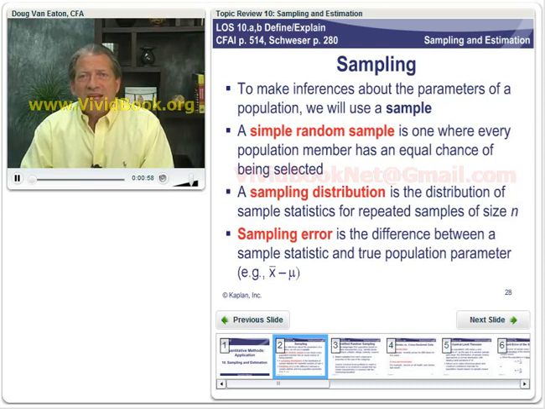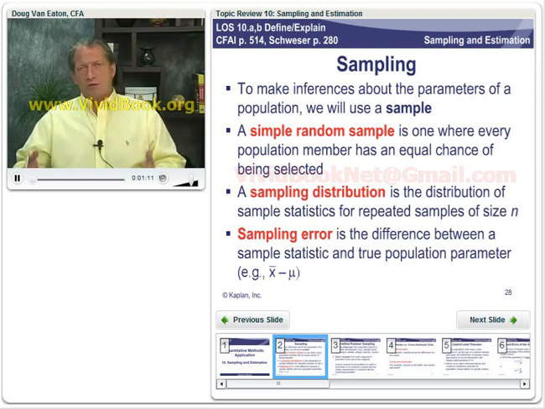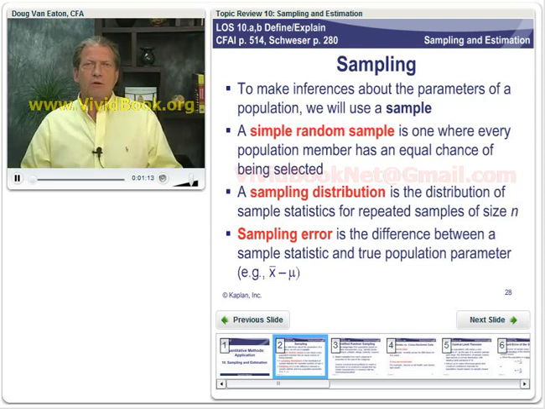Now, a sampling distribution is the distribution of sample statistics for repeated sampling for samples of size n. So we have a given sample. Well, I talked about taking 10 balls out, taking the sample mean, that's our sample statistic, and the sampling distribution would be the distribution of outcomes, of sample means, if we did that 100 times.